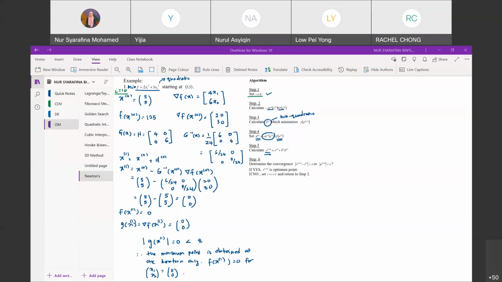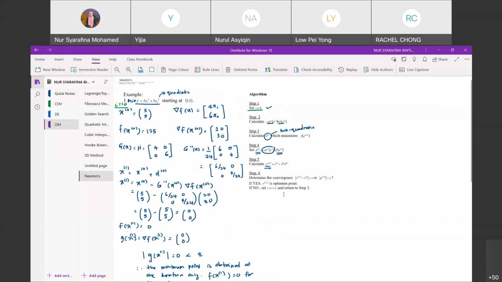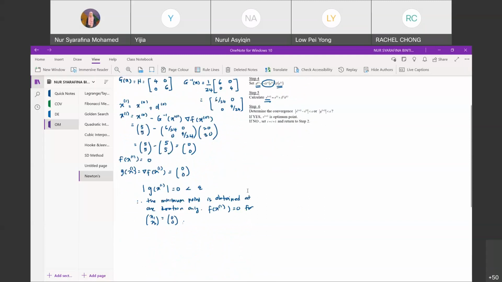Okay. Let's try another example, which is not quadratic. So this is quadratic, right?